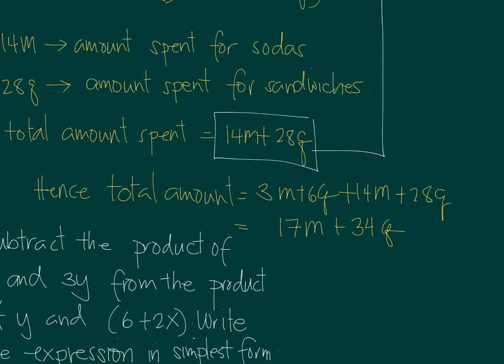So the total amount she had at first is 17M plus 34Q. And let's put the units, that's dollars.